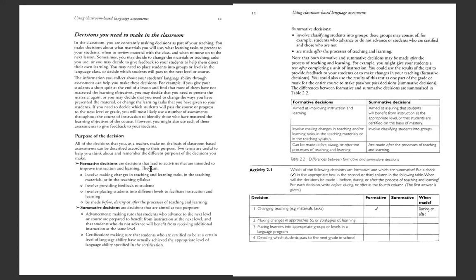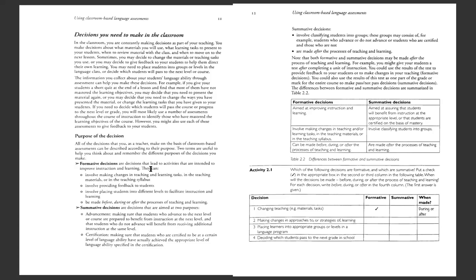And then summative decisions are also used for certification. That's when you're working with these levels, A1, A2, and they have this exam, and the school needs to extend a certificate of this. But for example, this is not our case.